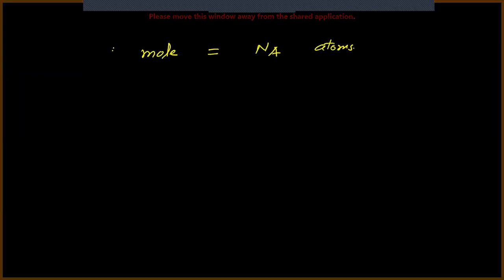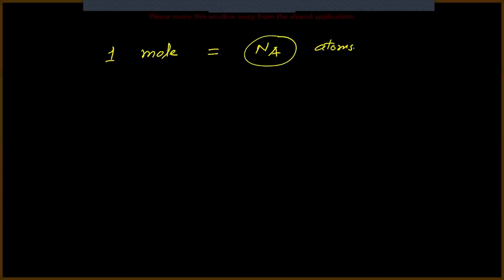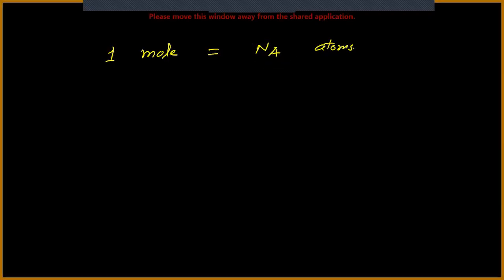1 mole of oxygen atoms or any atoms will be Na atoms. And how is mole written? If you write in terms of mass, 1 mole is equal to mass into molar mass equals to Na atoms.